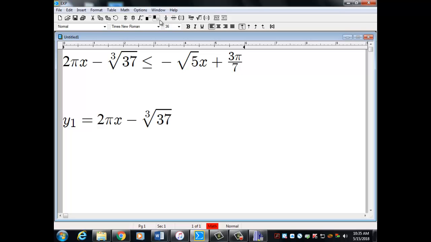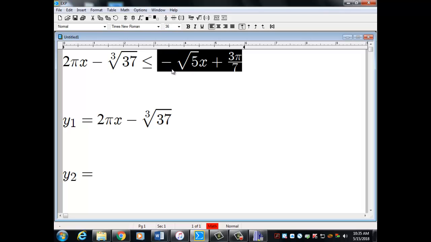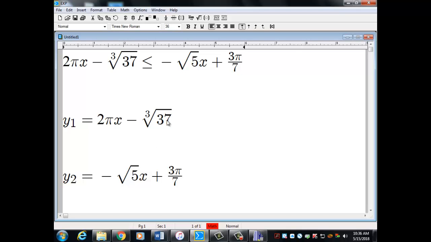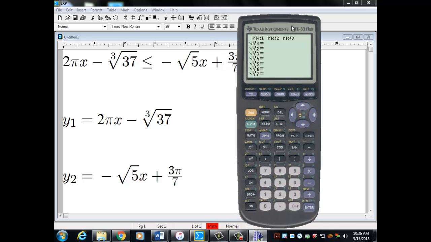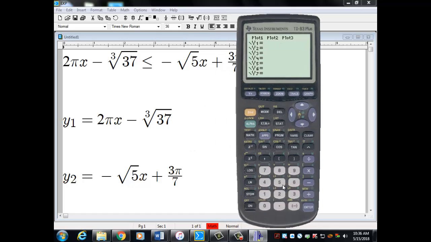All right. Then we're going to do y2 is this piece. All right, so 2 separate pieces. Now, unfortunately, I cannot copy and paste that, so we got to do it together.